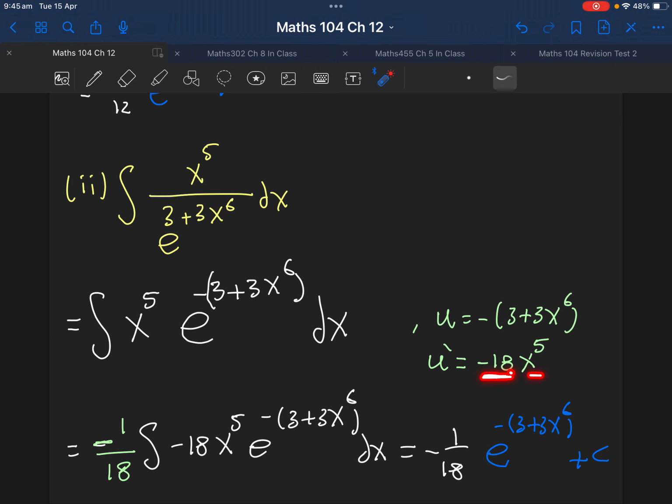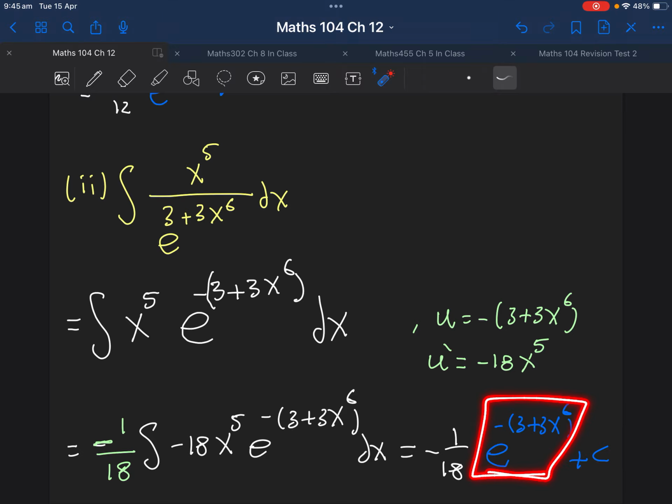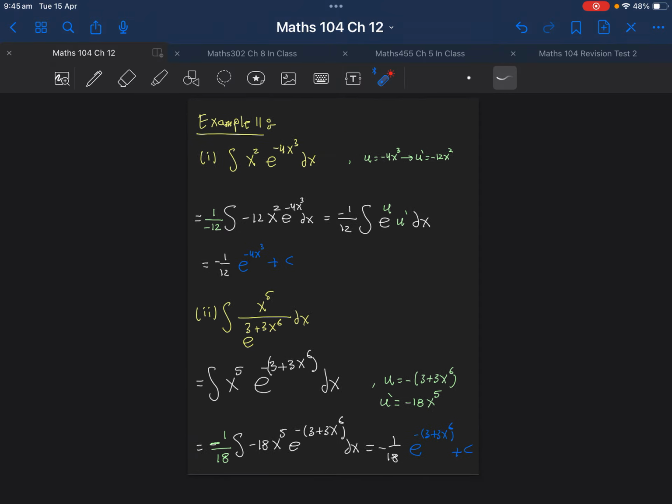Now, the derivative is negative 18x power 5, so we just write it down here. The last step, we just need to divide by 18. And now, we reach the situation where we have u and we have u prime. So what's the integral of e power u times u prime? It is just e power u plus c.